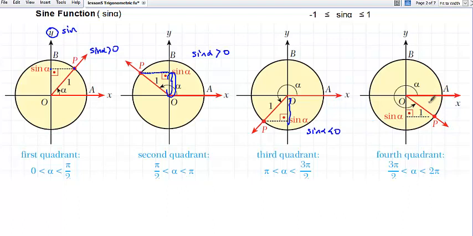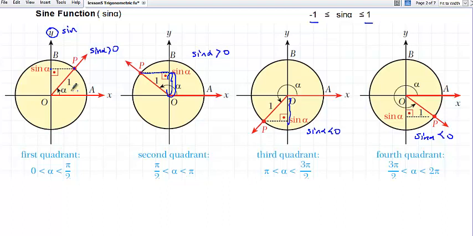In the fourth quadrant, sine alpha is again smaller than 0, as you see. And sine alpha is always between -1 and 1.